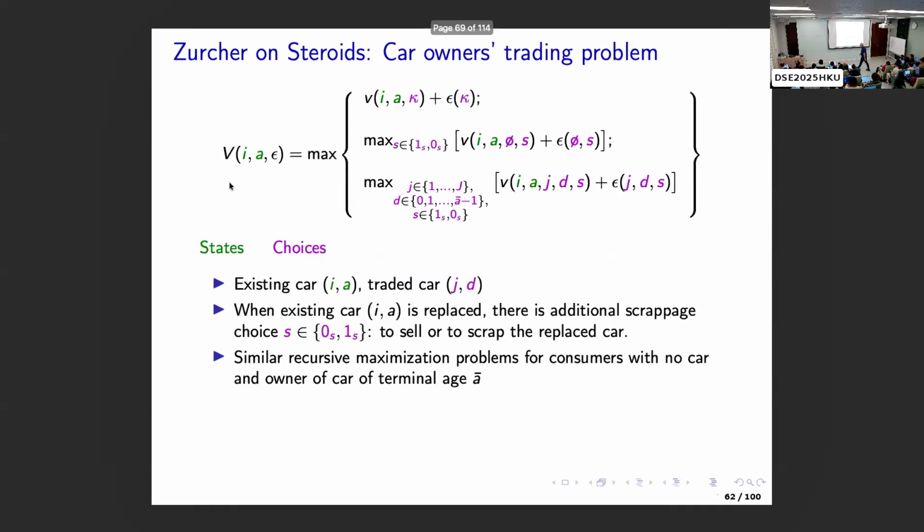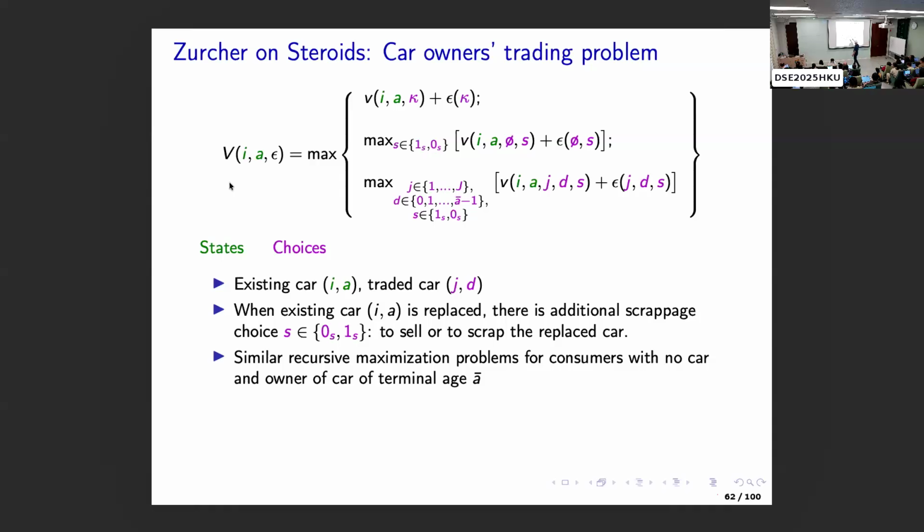And for each of those choices, just like Harold Zurcher, right, on steroids, we're going to have a choice-specific value function, just like we have already. Just like Harold Zurcher had for keep and replace, we're going to have for keep and for purge. Purge means if you purge, you also need to decide how to get rid of the existing car.